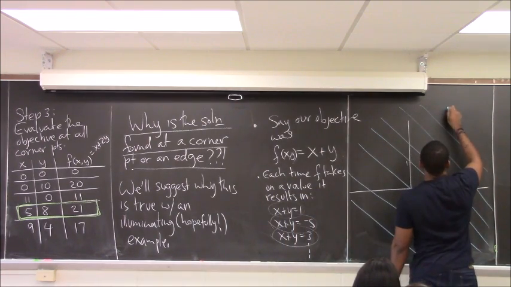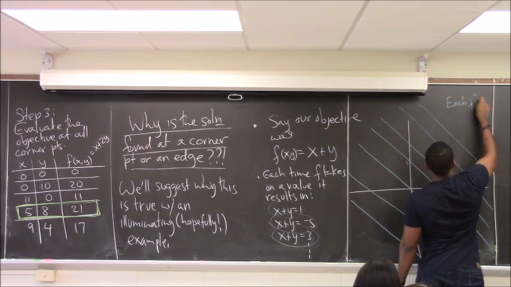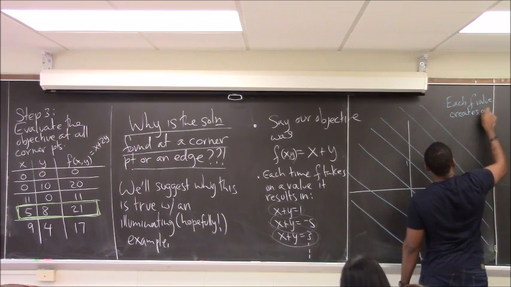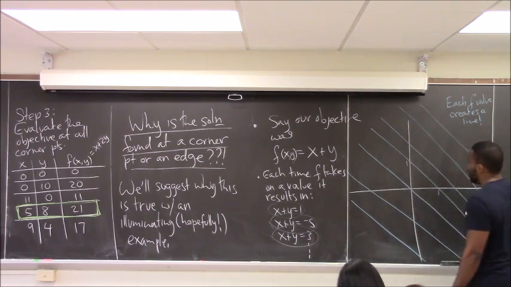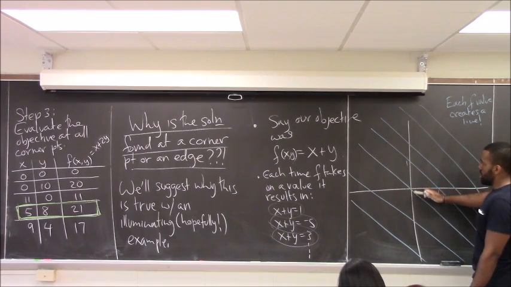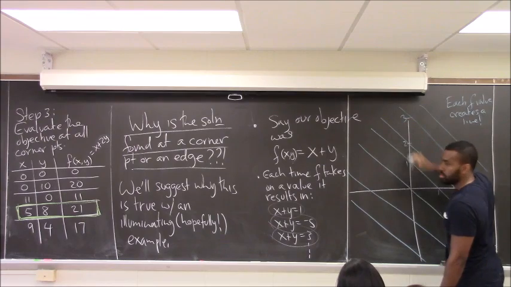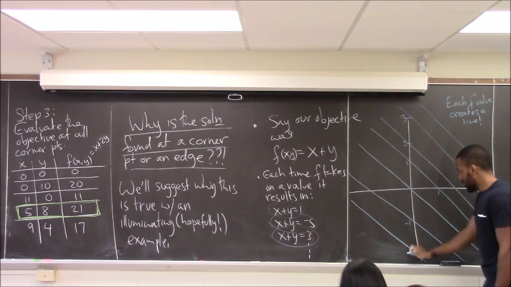So each f value creates a line because they are linear. And of course, as you can see here, the higher up I move it, the bigger the value. Bigger values go towards the top, smaller values will go towards the bottom.